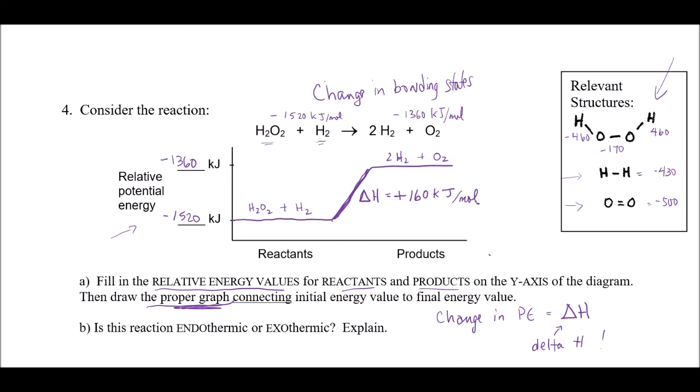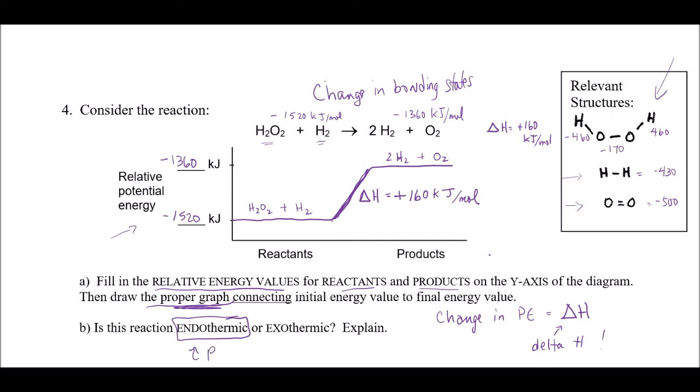So this is a very important part of this reaction. You'll often see the delta H written as part of the equation. But the graph is the best way to symbolize what does it really mean. The products are higher in energy than the reactants. When that happens, the word that describes this is endothermic.